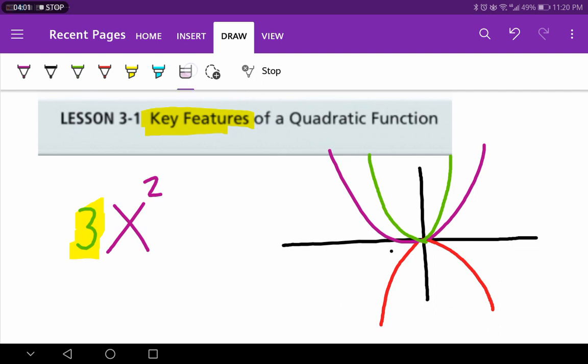And if you make the number bigger, for example 20, it will be more narrow.